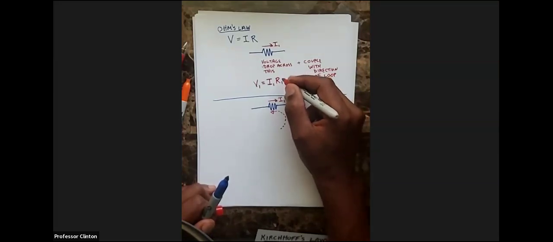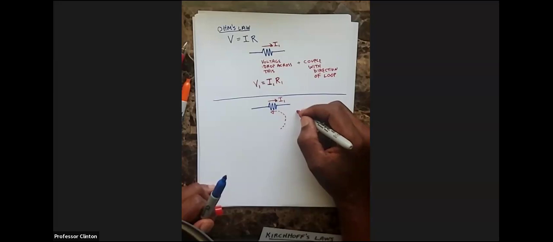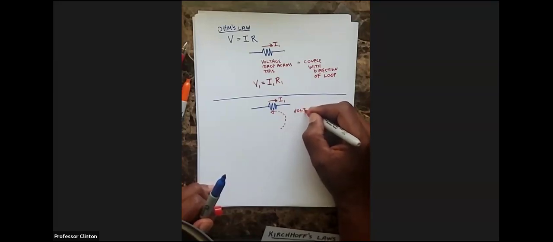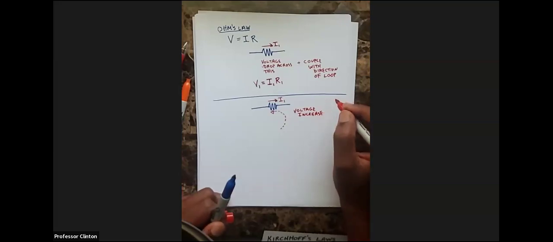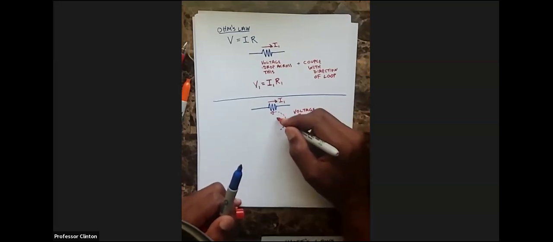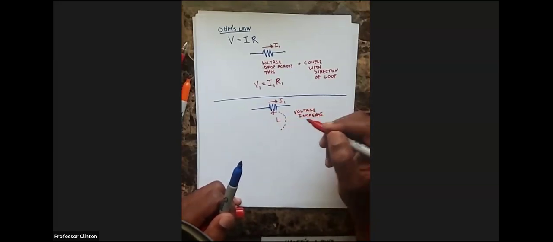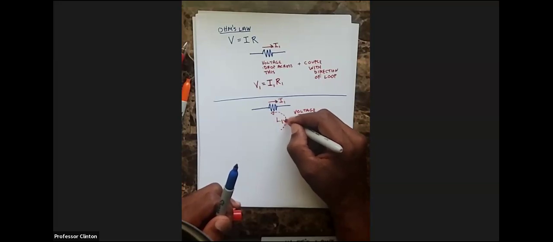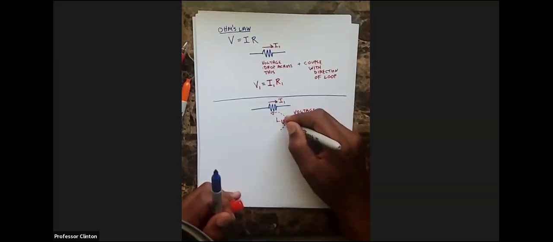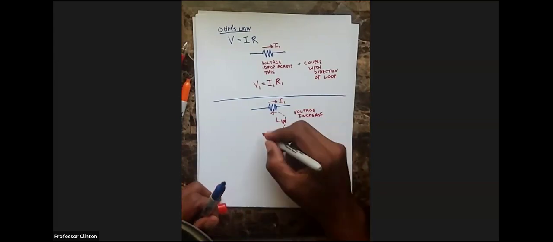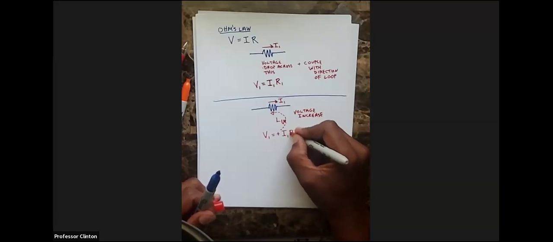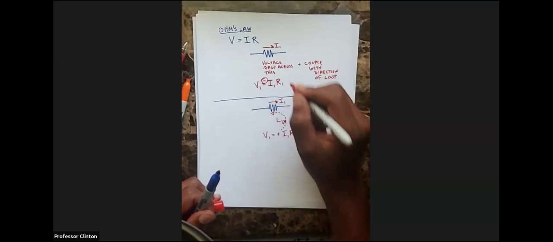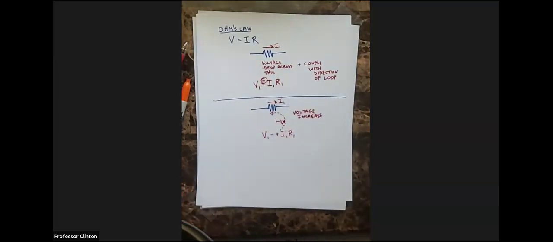So in this case, when we analyze this, there's going to be a voltage increase when we do our math. We have to couple that with the loop direction. In this case, let's call it L1X, just so we don't get it confused with anything. So there's going to be some voltage increase, I1 times R, and this will be some negative amount that you'll see in just a second.